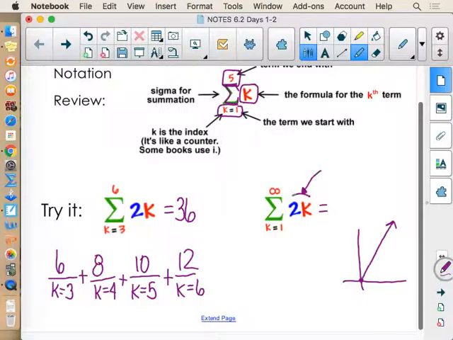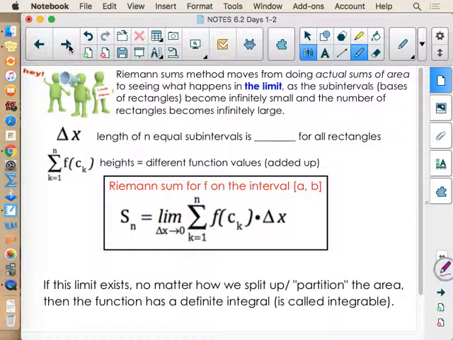But if this sequence of numbers does not converge, as ours wouldn't, because it would be 0, 2, 4, 6, 8, 10, it's not heading towards one number, then there is no finite answer to that. There is no one number you can say that that sum would equal. And we're going to have that same thing to consider as we do our integrals.